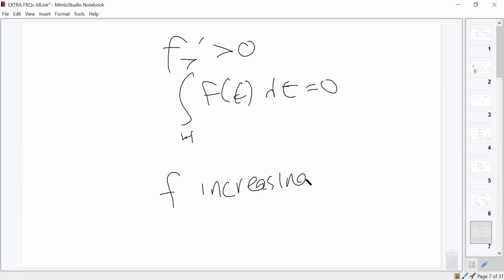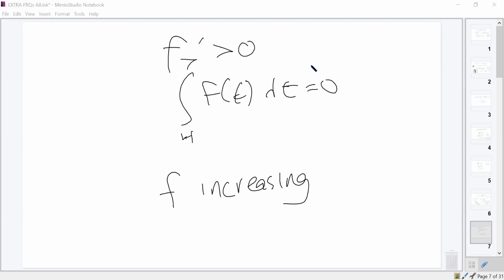So if we're looking at the charts there, hopefully you're all looking at the charts in your Google Drive as you're doing this. If you look at chart A, f is increasing, so that's good. Chart B, it's also increasing, so that's good. Chart C is not, chart D is not. So you can eliminate those, but E is. So everybody good that A, B, and E are currently our only options?